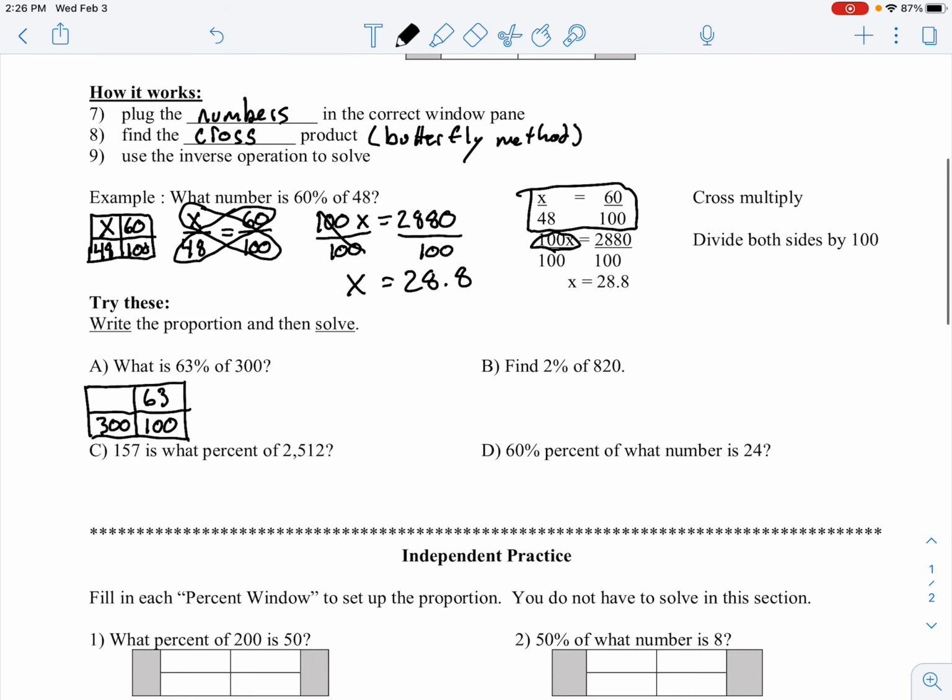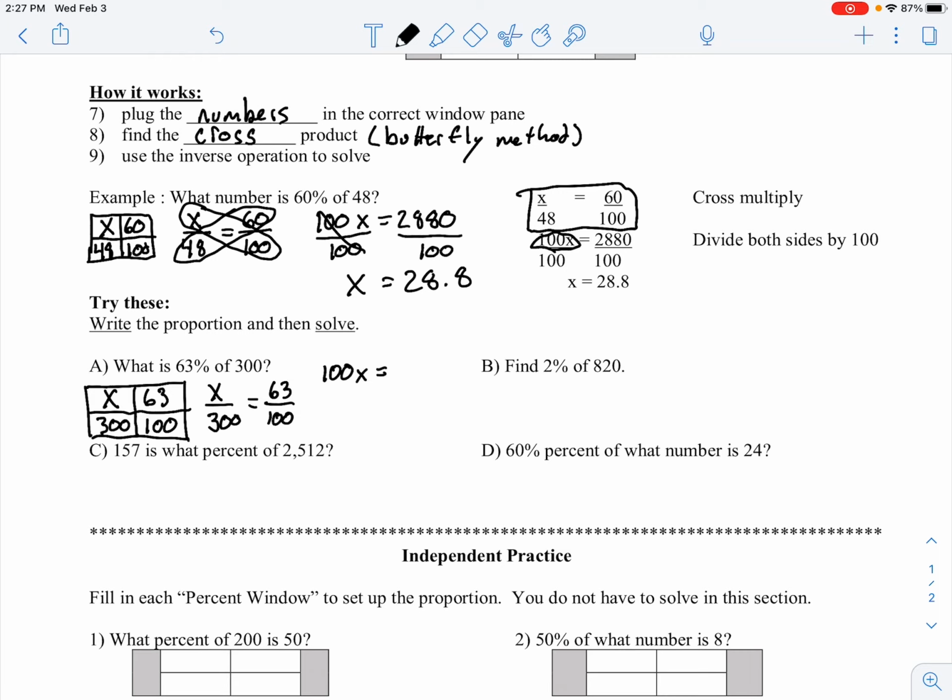And we don't know what that is. That's what we're looking for. So, like before, this sets up our ratios for us for our proportion. x over 300 is going to equal 63 over 100.